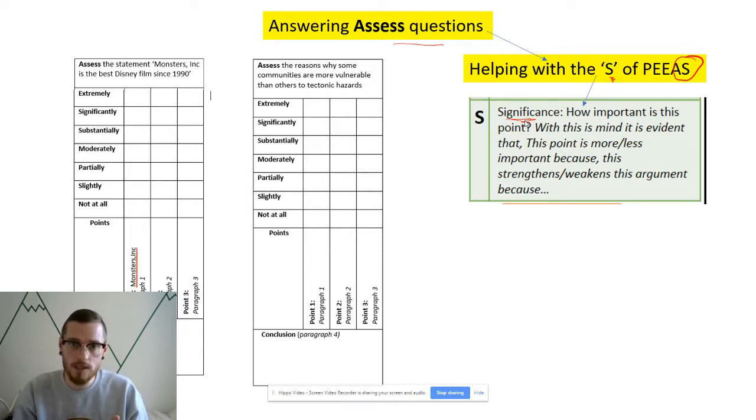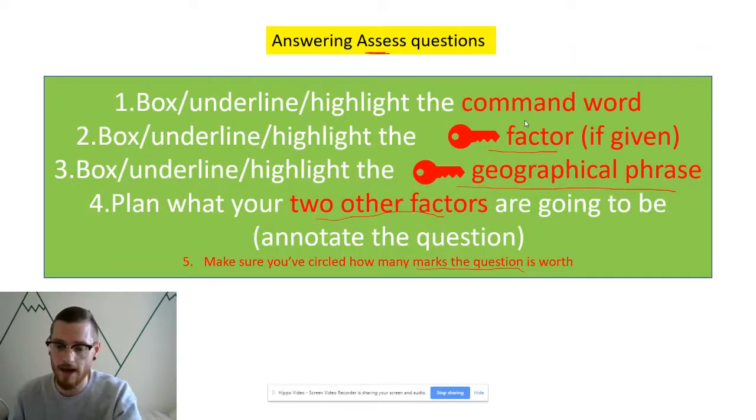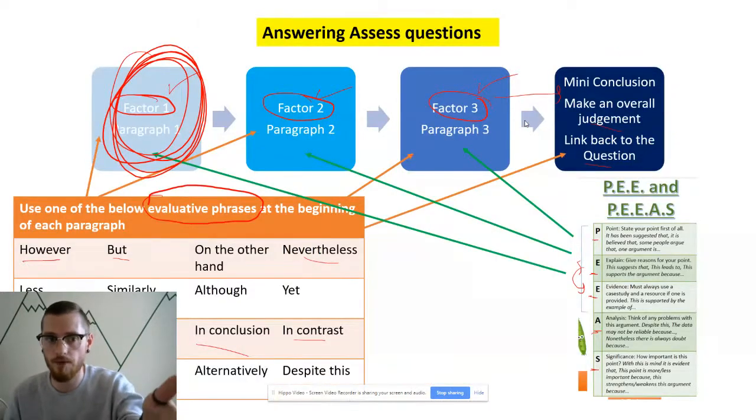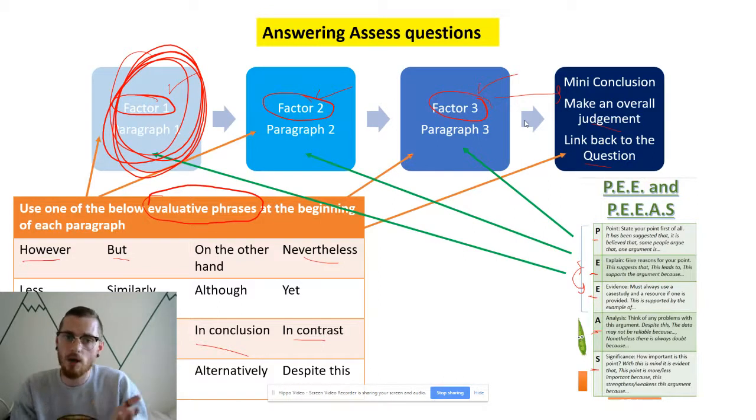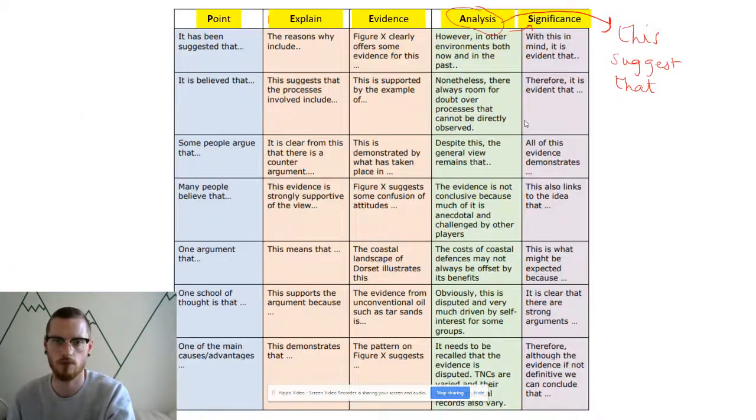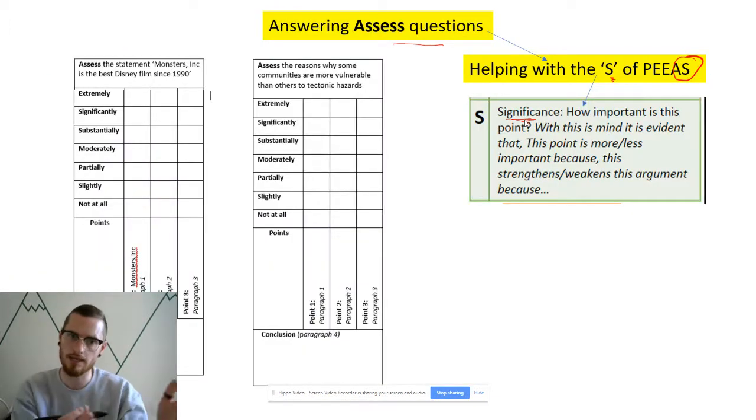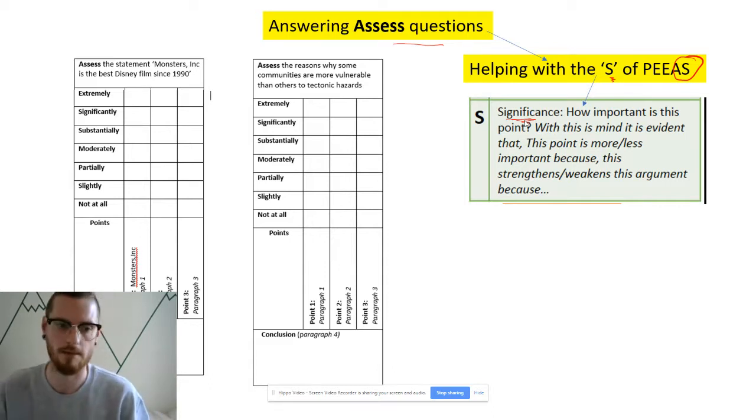Judge how important that point is, that factor. Back here, we've got factor 1, factor 2, factor 1, factor 2, factor 3. Significance means weigh up how important that factor is. Judge how important that factor is in relation to the exam question. Okay, so let's go through an example of this.